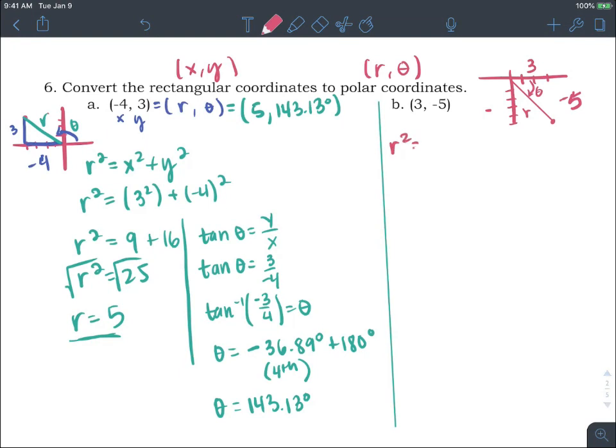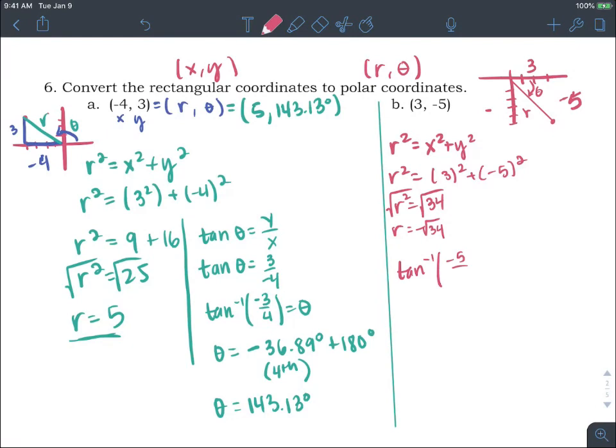So r squared is equal to x squared plus y squared. So r squared is equal to 3 squared plus negative 5 squared. So r squared is equal to 34, and we'll go ahead and root that. So r is equal to square root 34. And then tan inverse of y over x, so negative 5 over 3, is equal to theta.